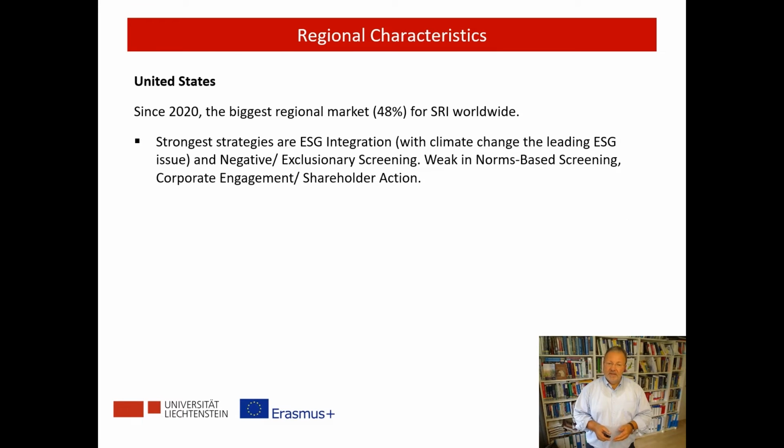On the next slide, we talk about the US, since 2020 the biggest regional market with 48% of socially responsible investments. The strongest strategies are ESG integration, which is a difference to Europe, and negative exclusionary screening. Weak are the US in norms-based screening and in corporate engagement and shareholder action.